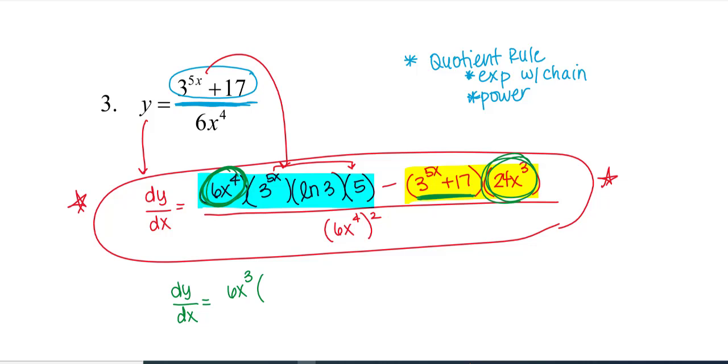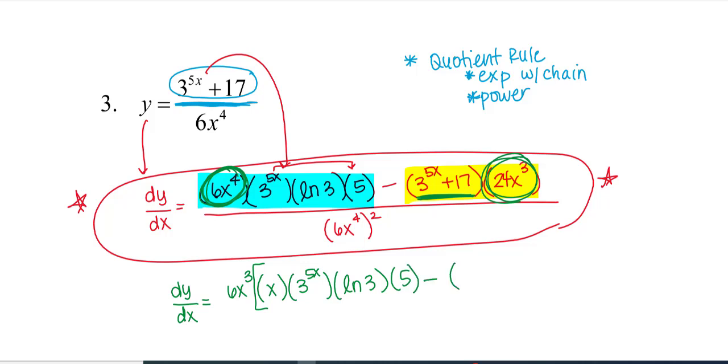Okay, so then what I have left is an x, that 3, and I'm going to do this so we can really see it. I'm going to put that bracket there. So I have an x left from the blue. I have the 3 to the 5x, natural log of 3, and a factor of 5.